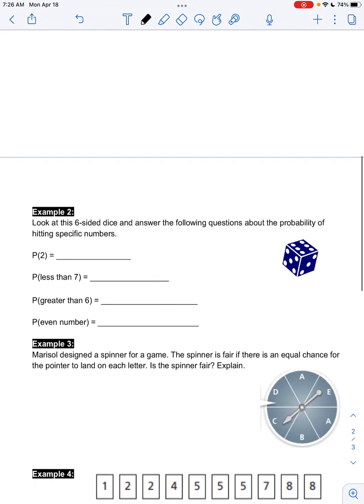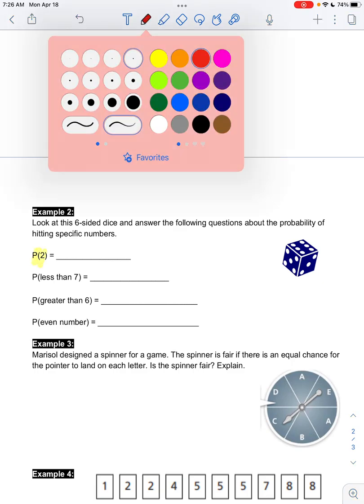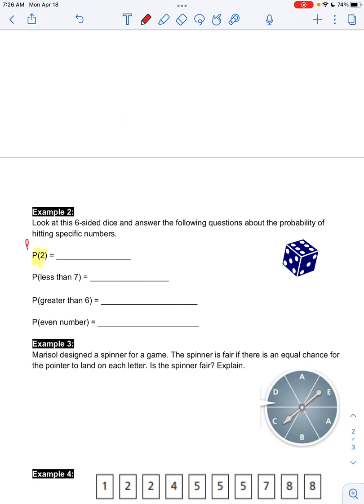A 6-sided dice. Again, each side has a different number, numbered 1 through 6. And then we answer the following questions about the probability. So this symbol means the probability of rolling a 2. So what is the probability of rolling a 2?